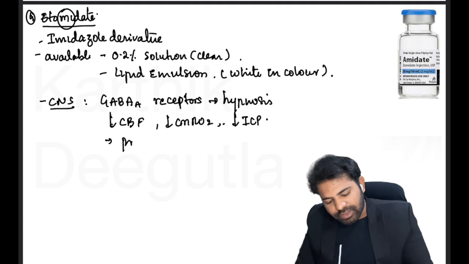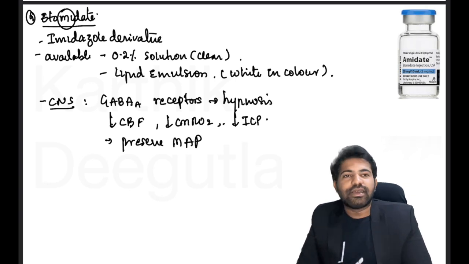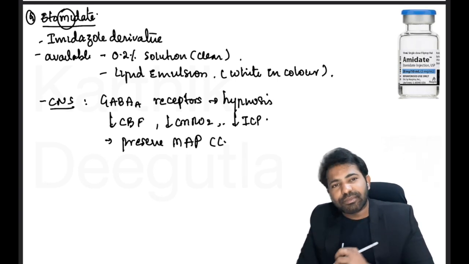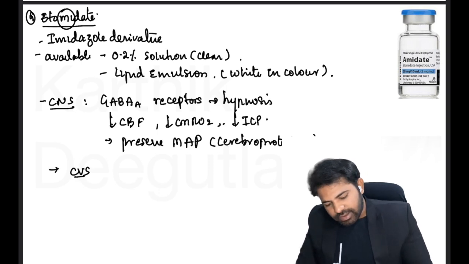But one good thing about this is it will preserve the MAP, the mean arterial pressure, which is unaffected, and that is the reason etomidate is also a cerebroprotective drug. Okay. Next, moving on to the cardiovascular system.